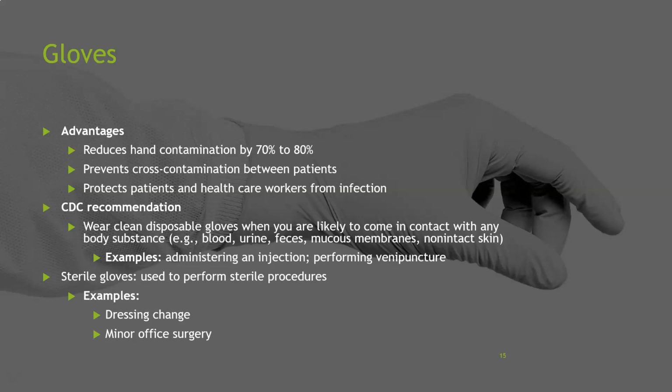If you're wearing the same glove throughout treating multiple patients, you still decrease your own hand contamination as long as the gloves remain intact, which over time they do not, but that's another story. But you're still getting patient-to-patient cross-contamination. So you should wear a new set of gloves for each patient that you come in contact with.